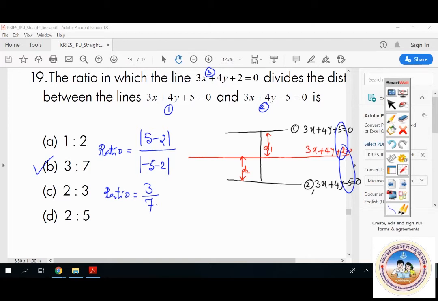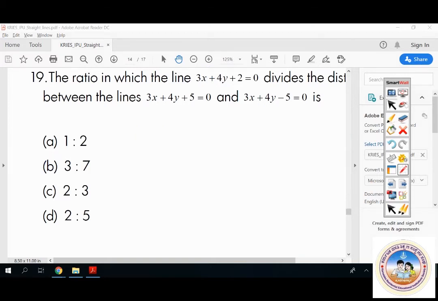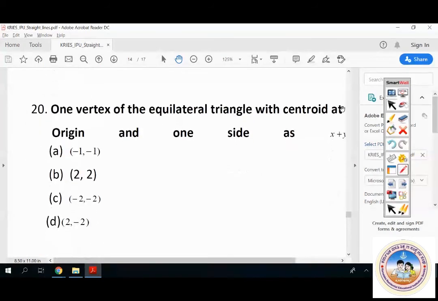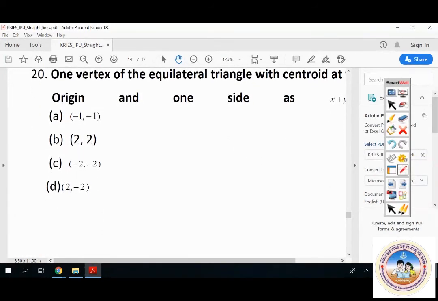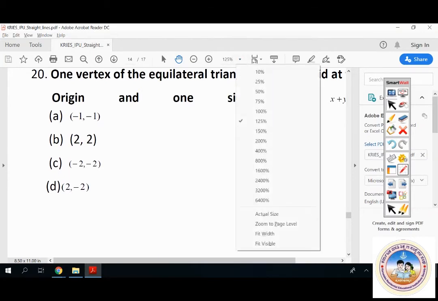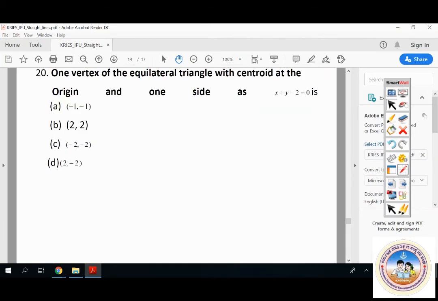20ನೇ ಪ್ರಶ್ನೆ ನೋಡೋಣ. 20th question. One vertex of an equilateral triangle whose centroid is at origin and one side has x + y - 2 = 0 ಅಂತ ಇದೆ. This is a little lengthy question. So ಸ್ವಲ್ಪ ಯೋಚನೆ ಮಾಡಿ ಇದನ್ನ ಮಾಡಬೇಕಾಗುತ್ತೆ. One vertex of an equilateral triangle you are supposed to find out, right?